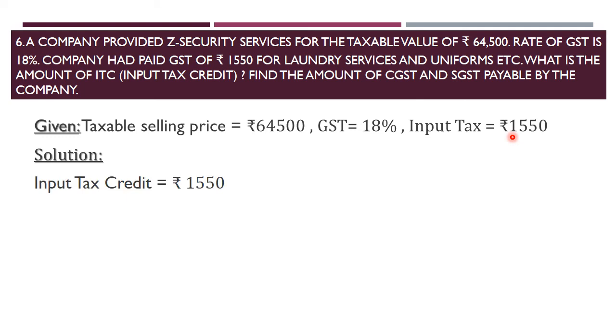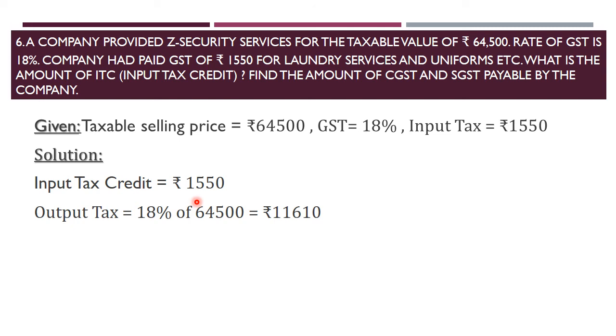Next we have to find the output tax. So input tax credit is already given, that is rupees 1550. Output tax will be the selling price of the service, whatever payment the company is taking from the customer for providing their security services, which is 64,500.